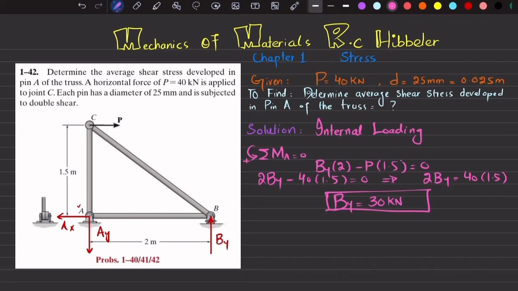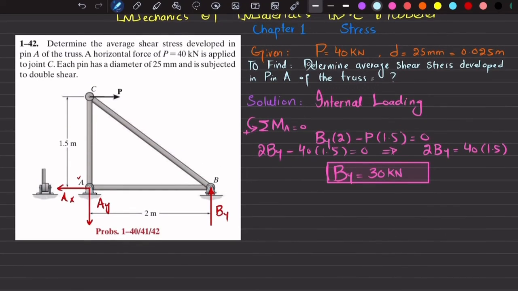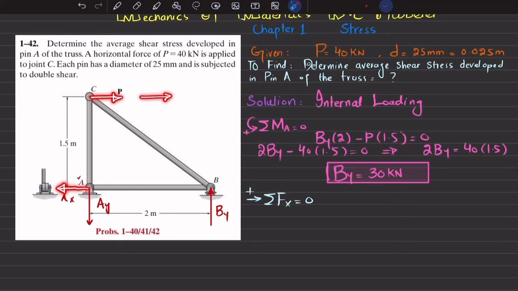Now you have this By, so we will move and we will find Ax and Ay. For finding Ax, we will apply this equation of equilibrium, that sum of all forces along horizontal must be equal to 0 and force in this direction is taken as positive. So you can see this force which is Ax is negative, plus this Py which is in this positive direction is P. So their sum must be equal to 0.